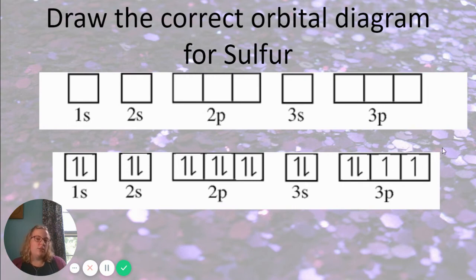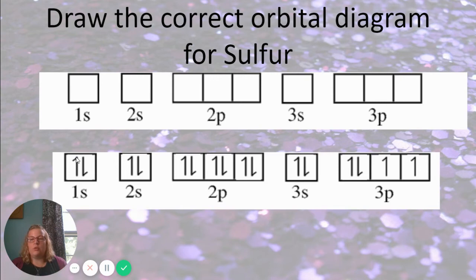Now, if you wanted to do the shorthand, you could leave off all of this 1s2, 2s2, 2p6, and just put the noble gas neon in brackets and then start at 3s. So either way is fine.